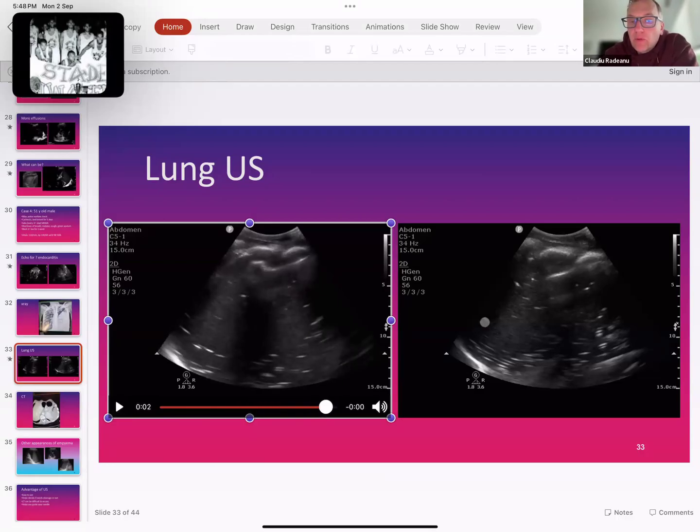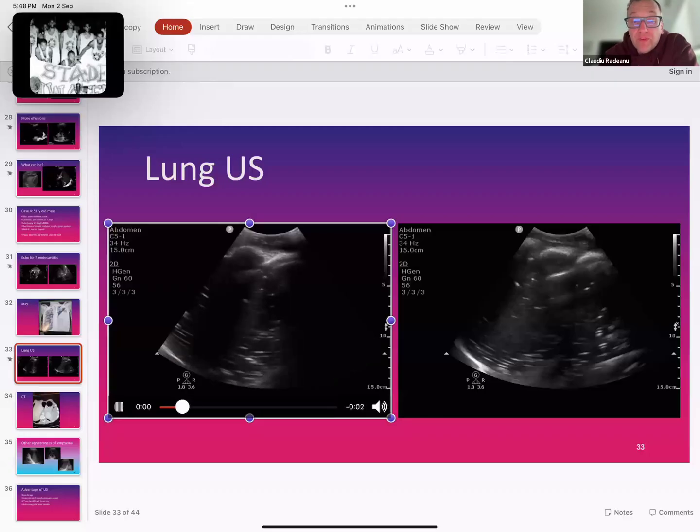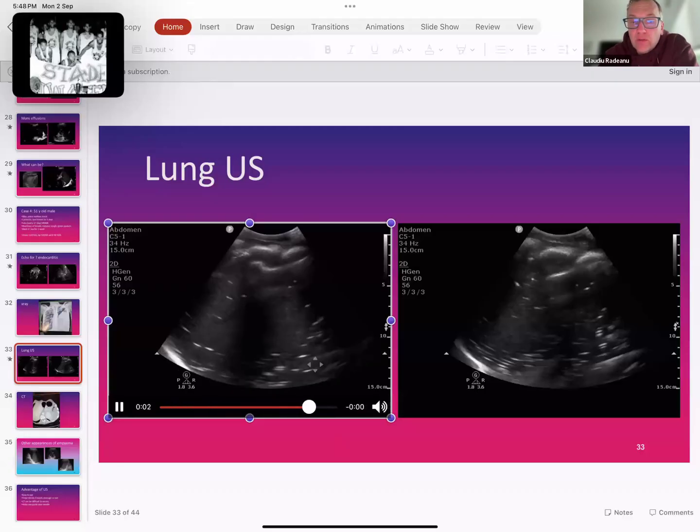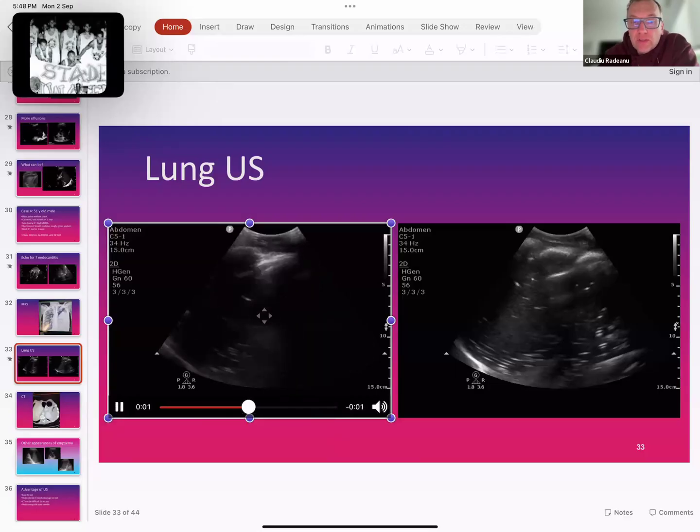Do you think it's a pleural effusion, this one? Do you think it's a consolidation? We talked earlier about pneumonia because you have those hyperechoic structures in the middle of it.